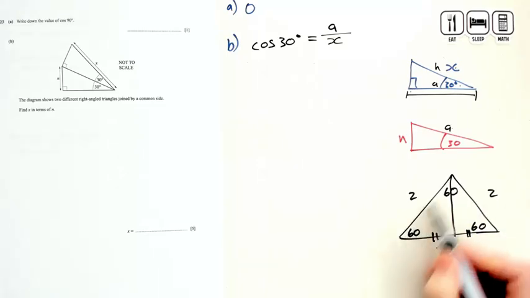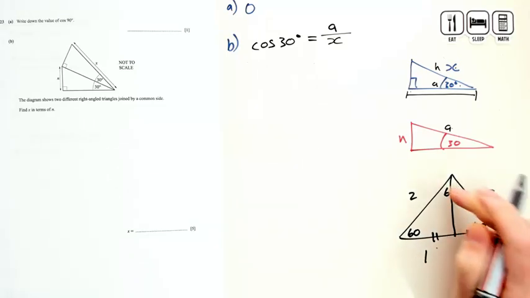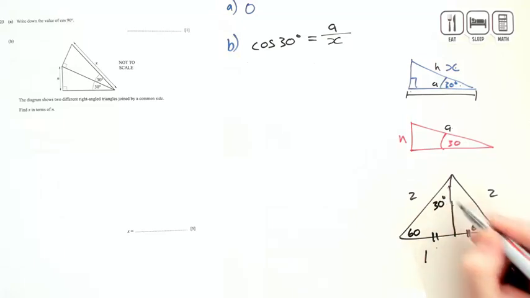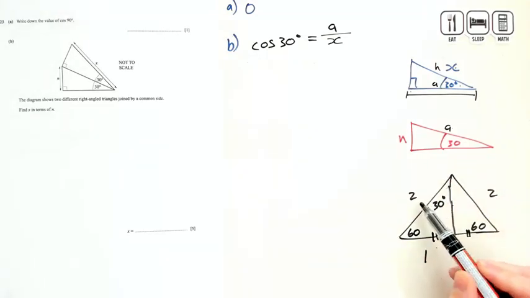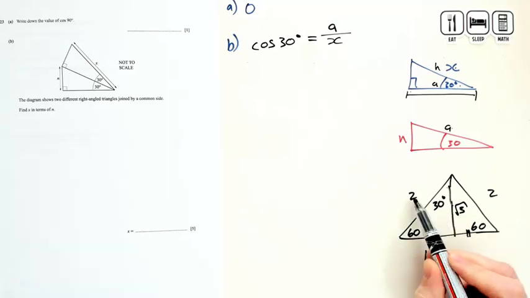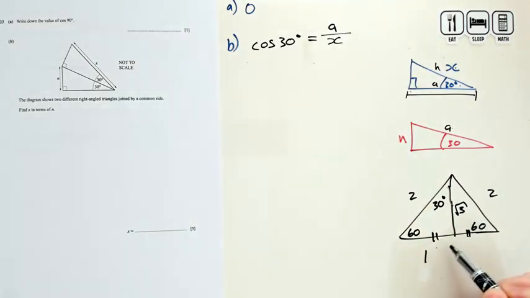Then in this triangle, this is going to be 1, and this is going to be 30. And if I wanted to work out this length, it's going to be the square root of this minus the square root of this. So it's going to be the root of 3, because it's 4 minus 1, square root 3.